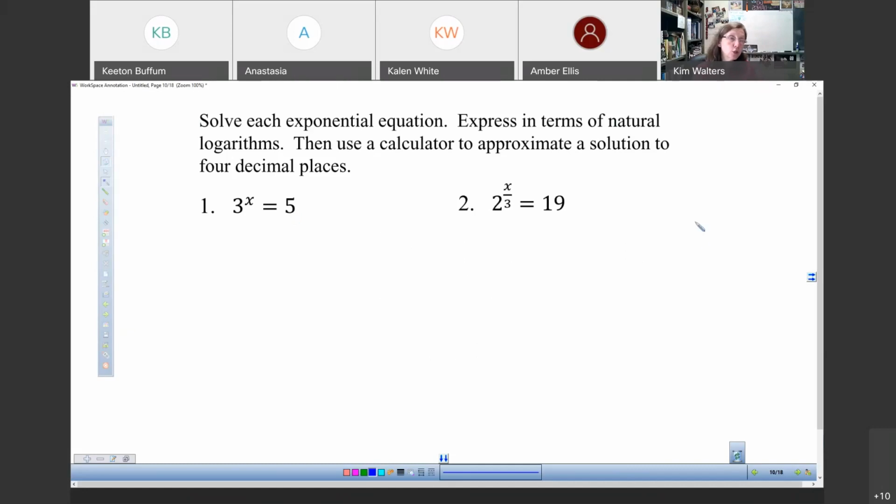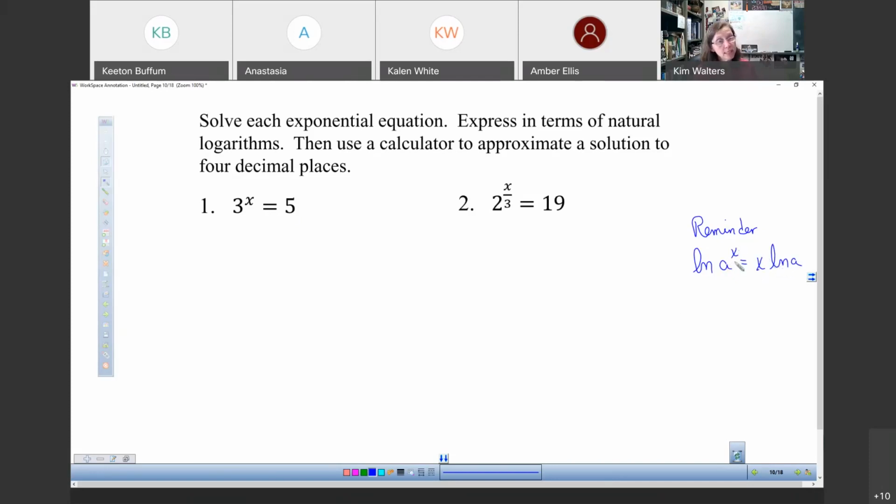We are going to use this little concept. So here's another reminder, okay? The natural log of A to the x power is going to be x times the natural log of A. This is my power rule, remember?